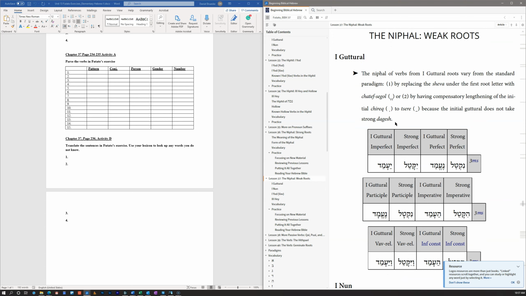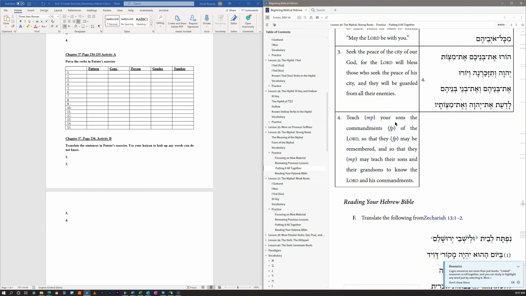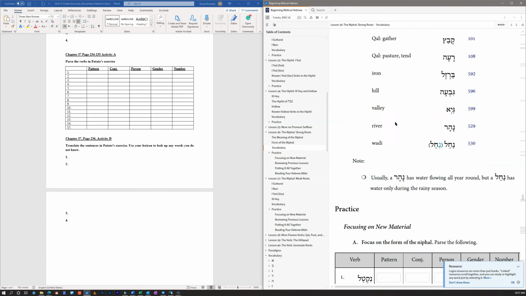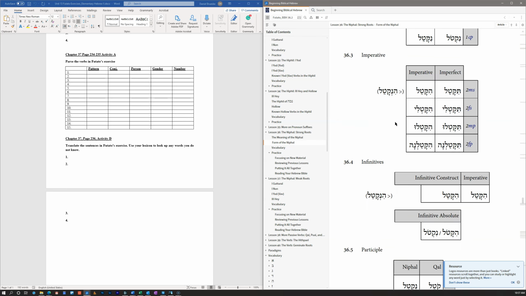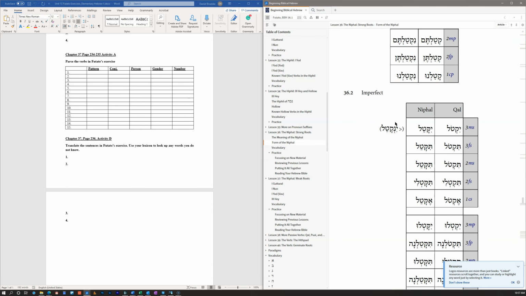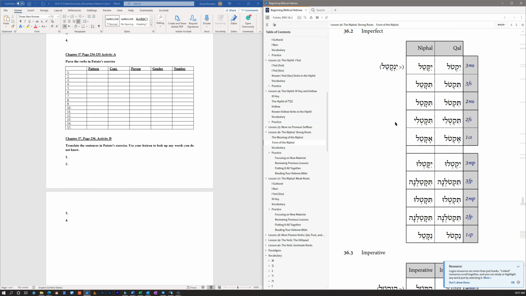I wish we had a full paradigm, but let's just look at the Niphal paradigm and plug a one nun in there. All right, so here, basically, if this were a one nun, we would have the nun of the, okay, this is what we want to look at, right here.